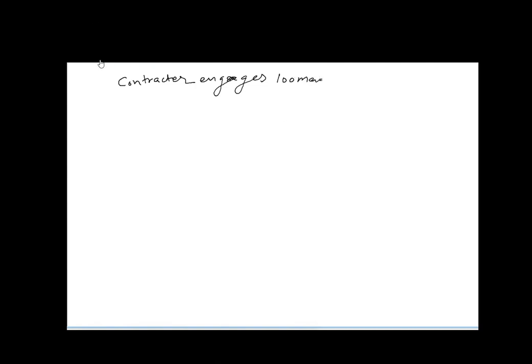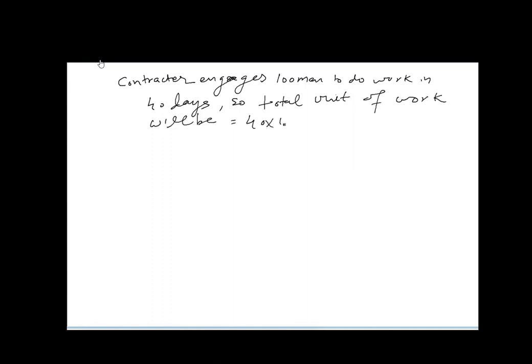Here the contractor engaged 100 men for doing a work in 40 days. As I told you earlier, the total units of work will be 40 into 100, 4000. Sorry, that instead of 1000 it will be 100.